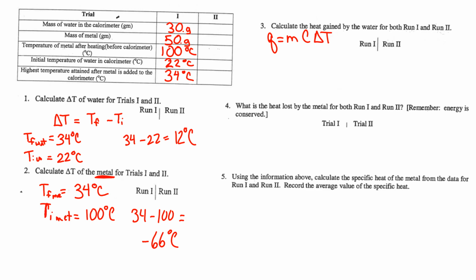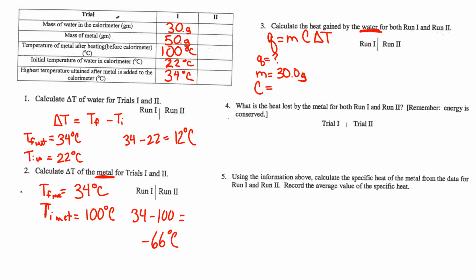So Q equals MC delta T. We're solving for Q. That's what I want to know. My mass, and it's saying water here, so the mass that I'm going to use for this one is 30 grams.